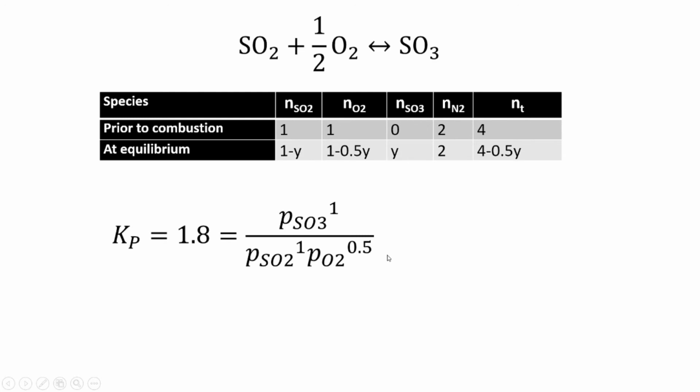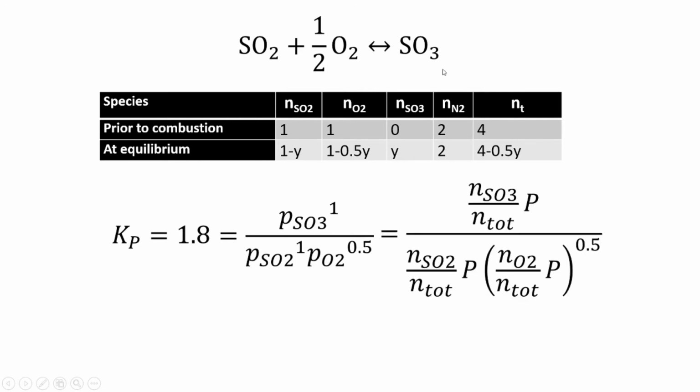So the partial pressures I don't have, but instead I have the number of moles of each substance, which was given to me in the problem and that I've summarized in this table. And the partial pressure is the fraction of this gas in the mixture multiplied by the total pressure. So I can rewrite this: the number of moles of SO3 divided by the number of moles total times the overall pressure is equal to the partial pressure of the gas.